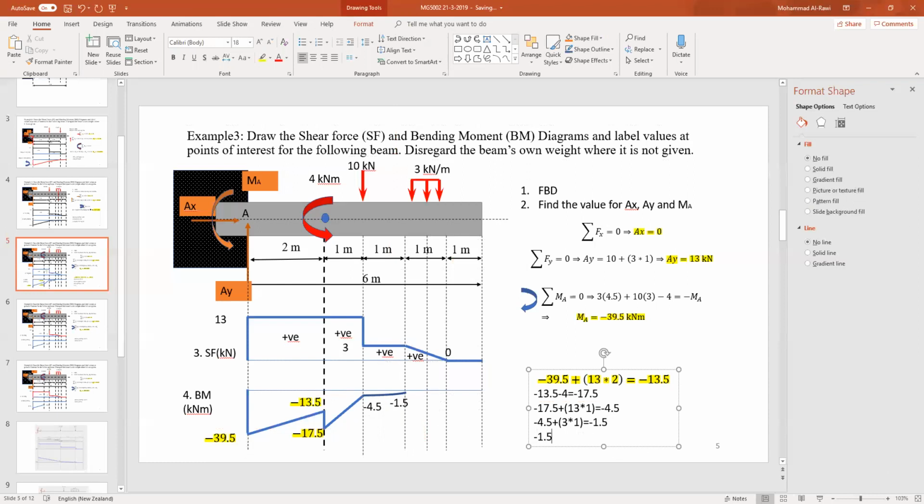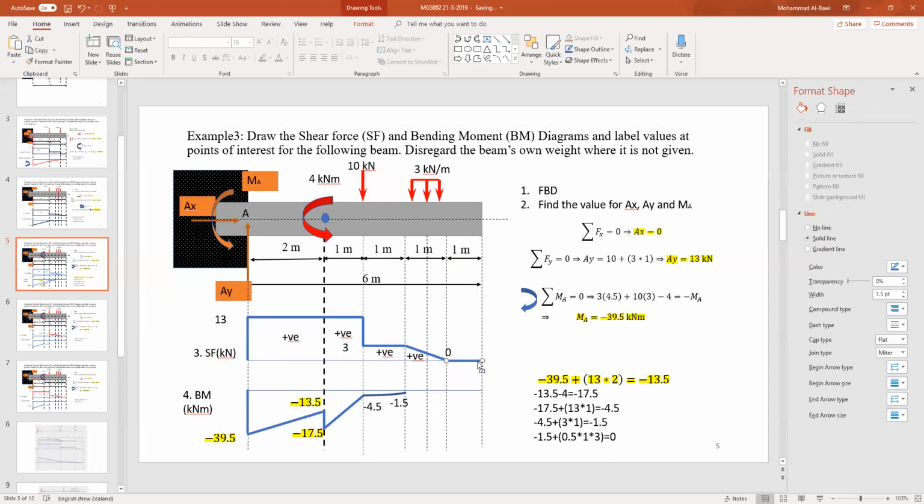Now, we came again, minus 1.5 plus half of the base, which equals 1, times the height, which is 3, and that will lead you to equal 0.